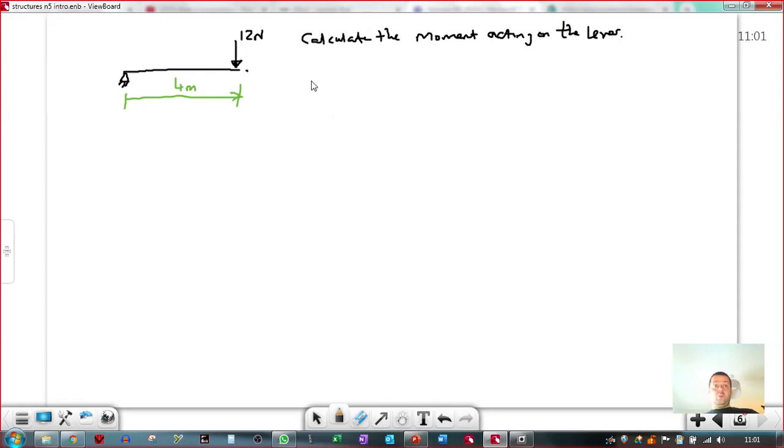So we go 12 multiplied by 4 equals 48 Newton meters. We would then round that to the correct number of significant figures. So 50 Newton meters to one significant figure.